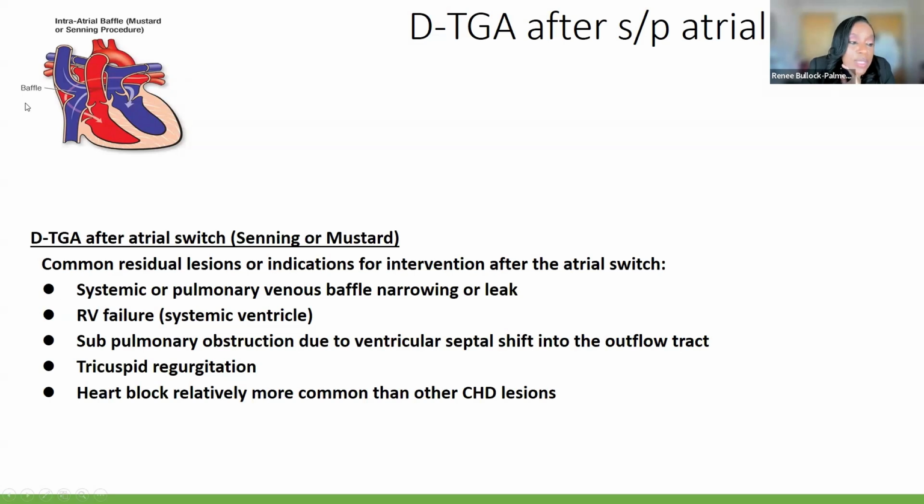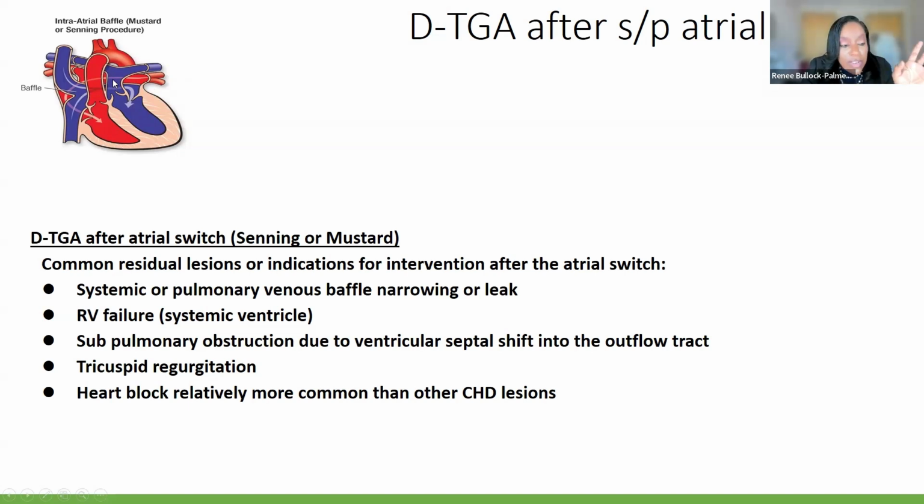In the older days, we did these patients through the atrial switch with the Mustard repair, where we would baffle the flow from the IVC and SVC over to the RV and then out to the pulmonary arteries, and we'd baffle the veins over to the left ventricle and out through the aorta.